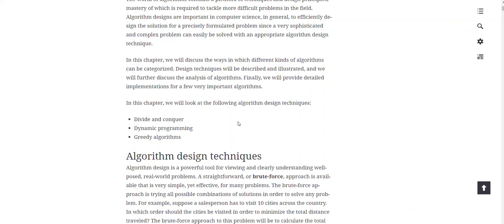A brute force algorithm goes through and looks at every item from the beginning to the end of that data set, one at a time, to evaluate it. So let's say we were looking for the biggest value, the greatest value within an array.